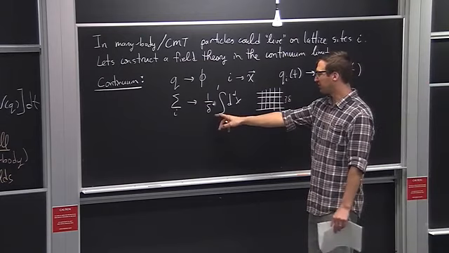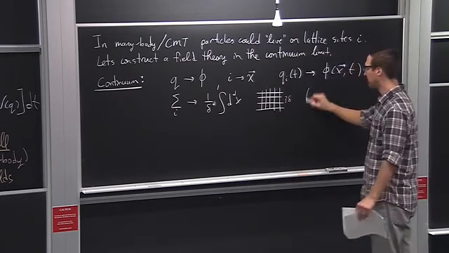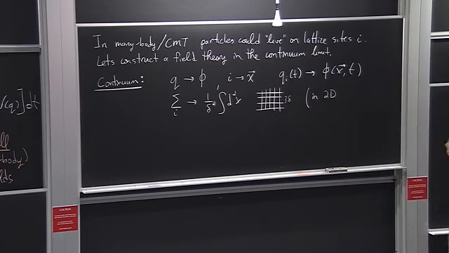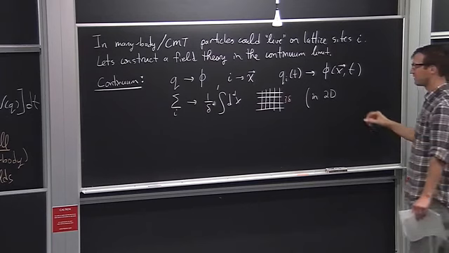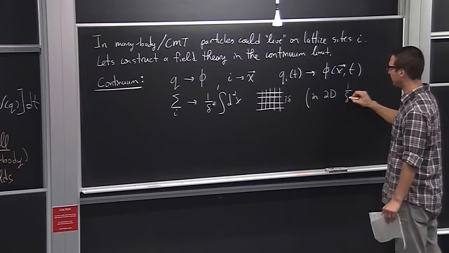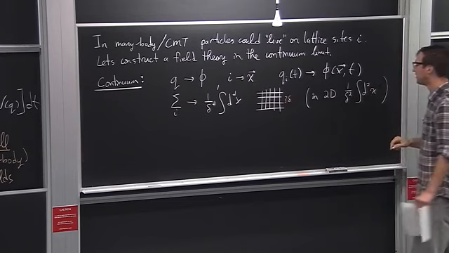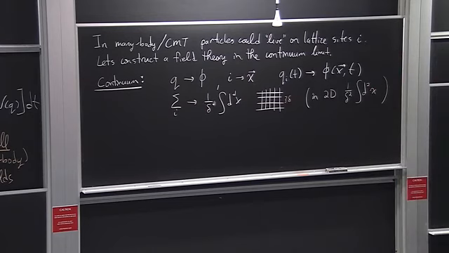So that discrete sum just turns into an integral in d dimensions. I'll actually write the psi-4 theory in 2D, just to be explicit. So in 2D, this would just be 1 over delta squared. So in this picture, my sum just turns into that integral.